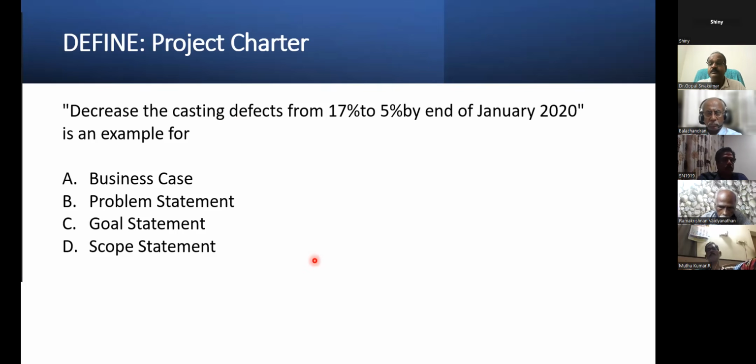Relevance is alignment with the goals. In order to understand whether our project aligns with the goals or not, we will be relying on KPIs. How will this project result impact my KPIs? You have a tool called the project prioritization matrix. There we will use the KPIs and assign weightage: financial KPI, customer KPI, process KPI, learning and growth KPI.